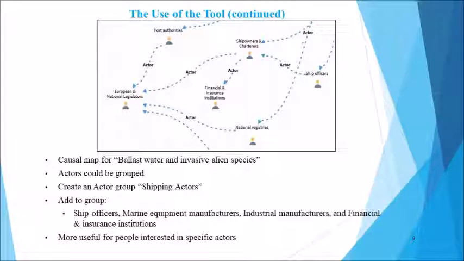So this would give a more structured view of the actors in relation to ballast water and invasive alien species, and it would also be more useful for people who are interested in actually viewing the different type of actors that are related to the topic.